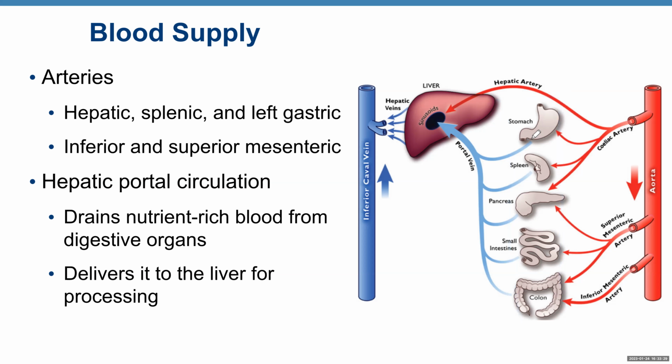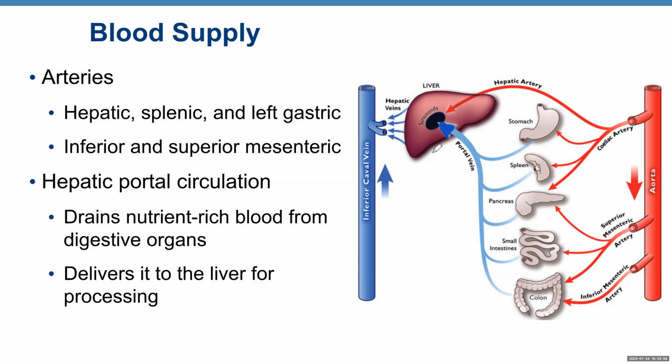Now, we pick up waste products from the cells of the digestive organs, and also nutrients, right? We pick up nutrients by veins, and those veins specifically bring blood to the liver first. This blood is rich in nutrients because you pick up blood from the small intestine and take it to the liver.